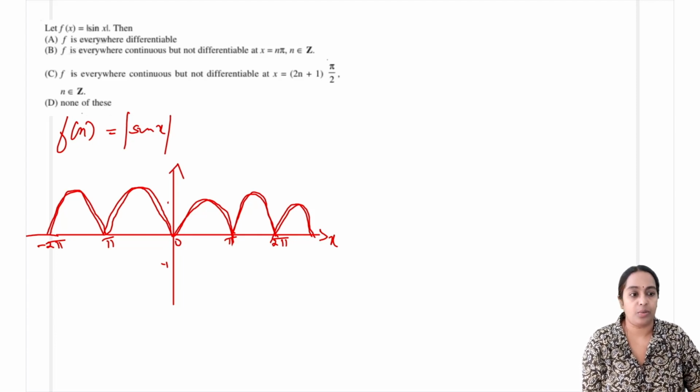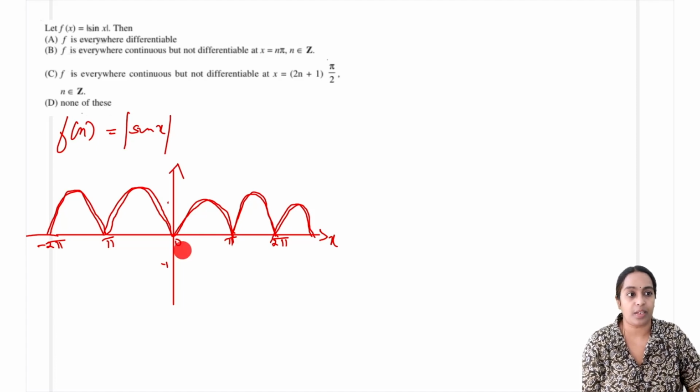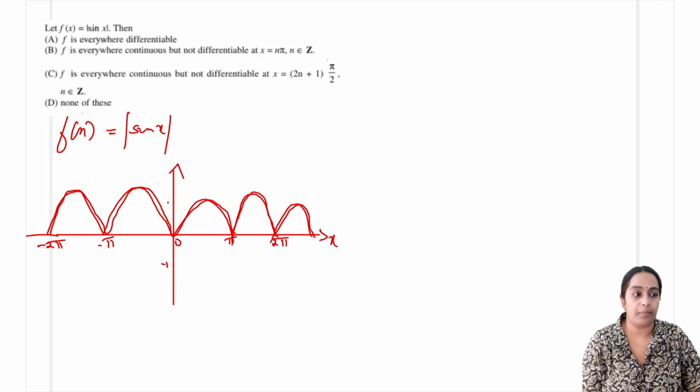When we consider the values of sin 0, sin pi, sin 2 pi, minus pi, and minus 2 pi, at all these points it is giving a value of 0. And there are sharp bends, which means the graph is not smooth.